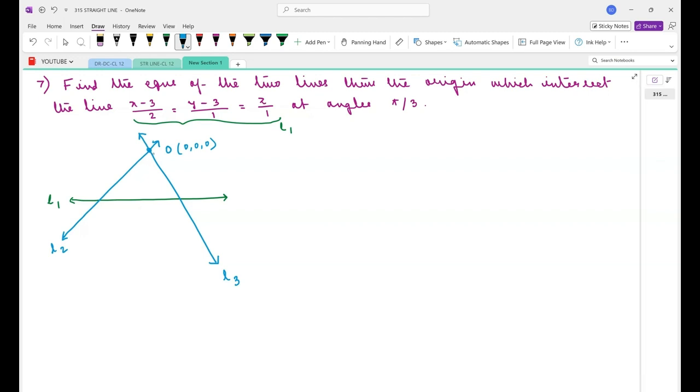One, they pass through the origin, and second, they intersect L1 at angle pi by 3. So this is pi by 3, this is pi by 3. So our job is to find the equations of L2 and L3.